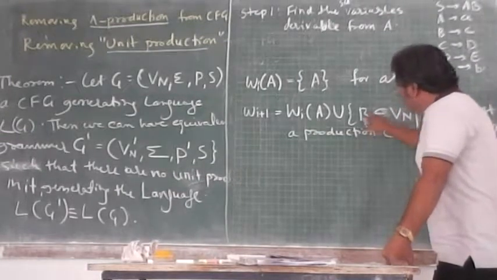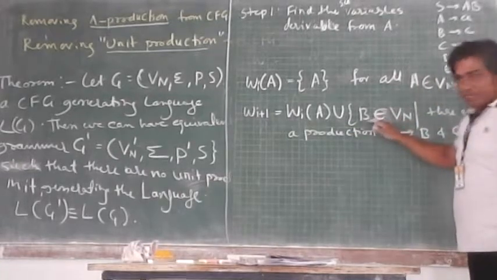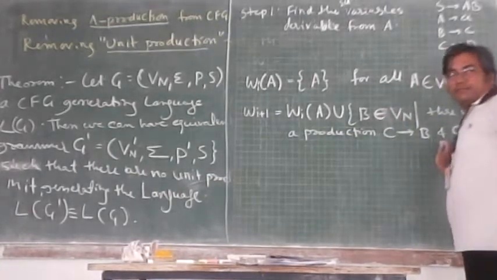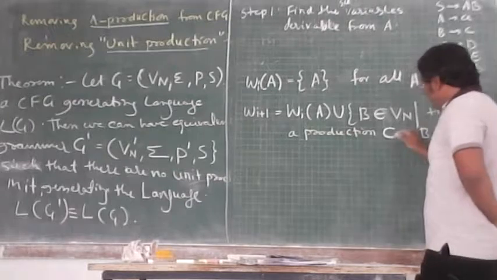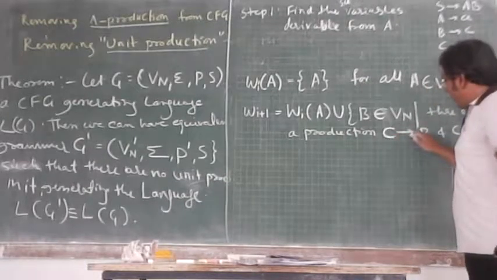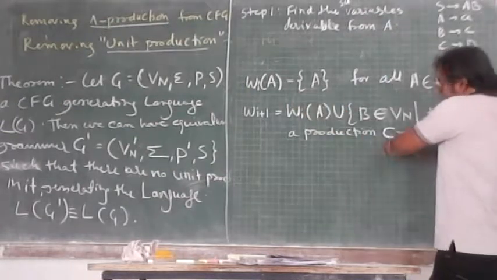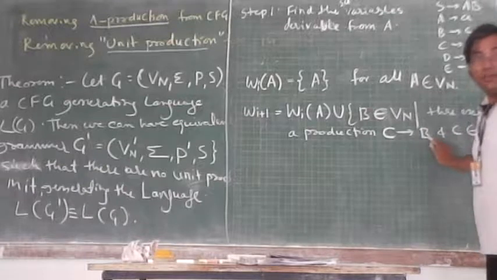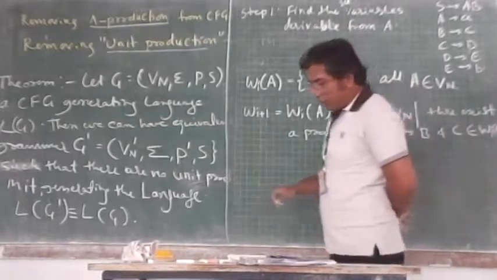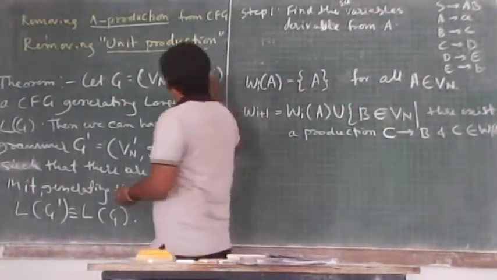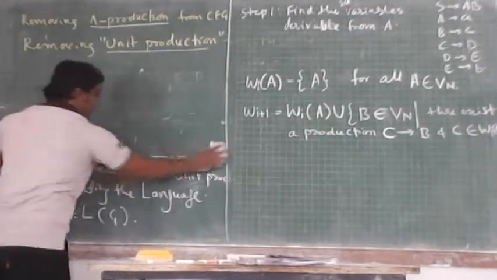I can include it into W i plus 1 if there is a production in which B is at the right hand side. For such a production C implies B, where C belongs to the previous set, if that C implies B, one variable, then that B I am including into the set W i plus 1. Let us go for framing this method, working with this method.